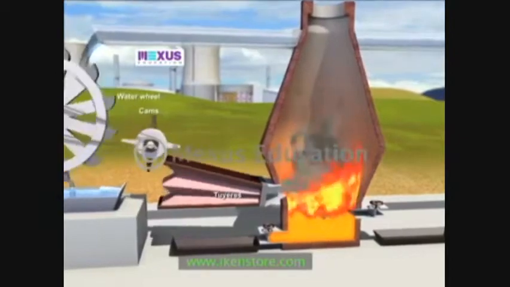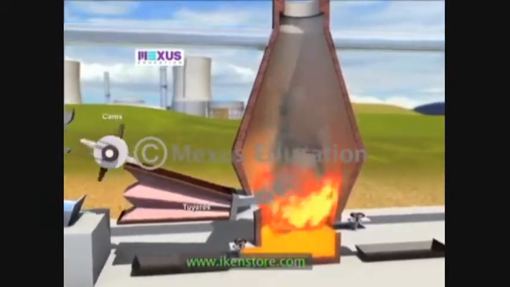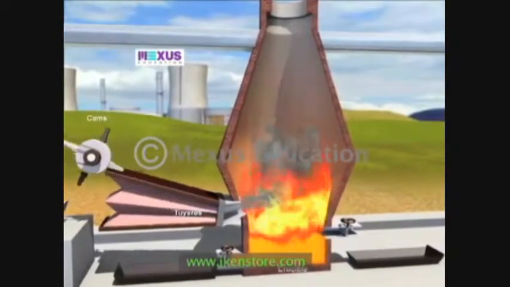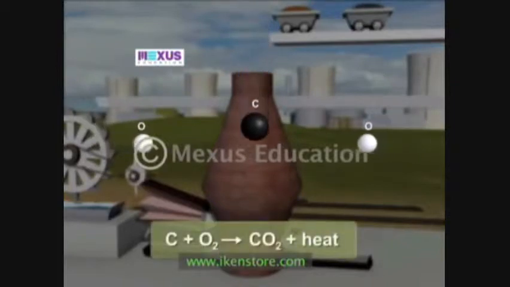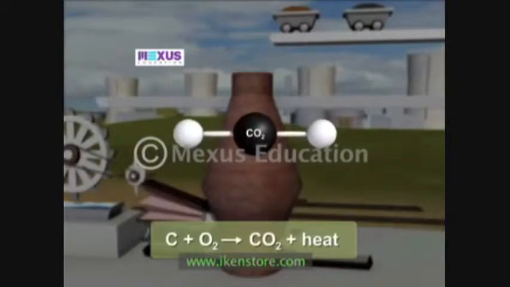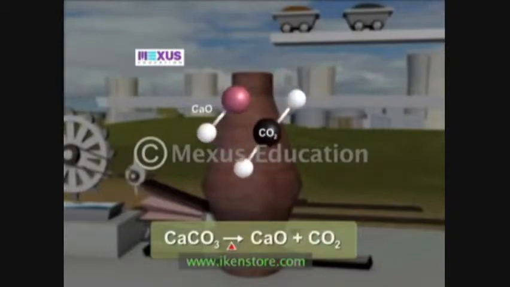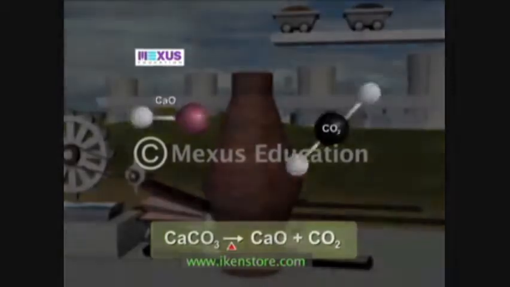Thus, preheated compressed air is introduced at the bottom through tuyeres, entering just above the crucible. The air passes upward through the charge, where coke is burned to form carbon dioxide and heat. The heat decomposes limestone into calcium oxide and additional carbon dioxide.